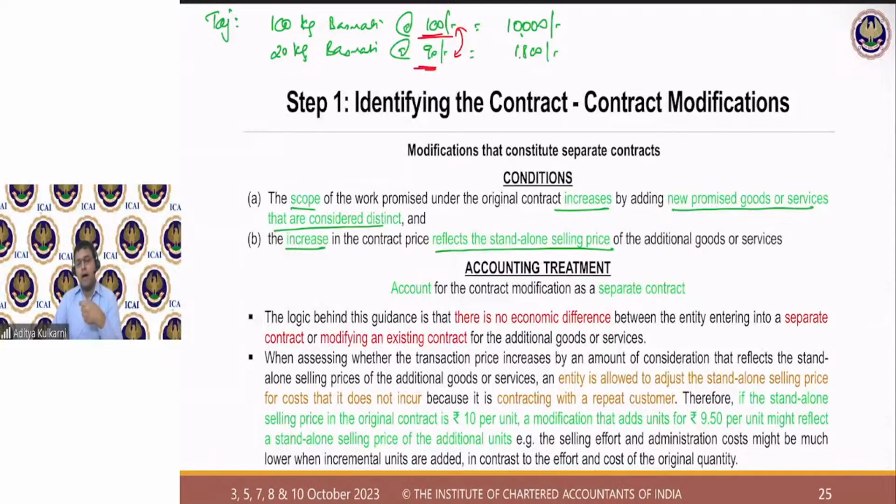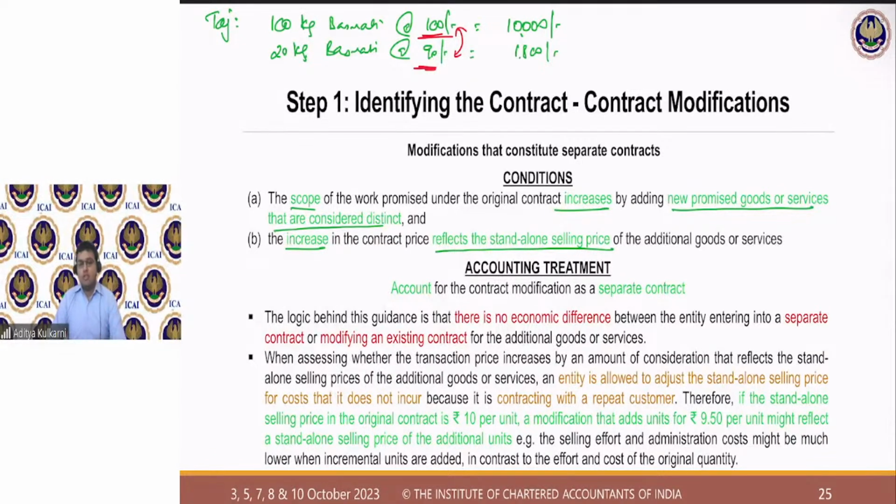A reduced profit margin for me is okay, because I am getting bulk orders now, and therefore I am in a position to achieve economies of scale. So standalone selling price will not necessarily mean that the two rates will always end up being the same. Answer is no. It should just reflect the standalone selling price of the additional goods or services.